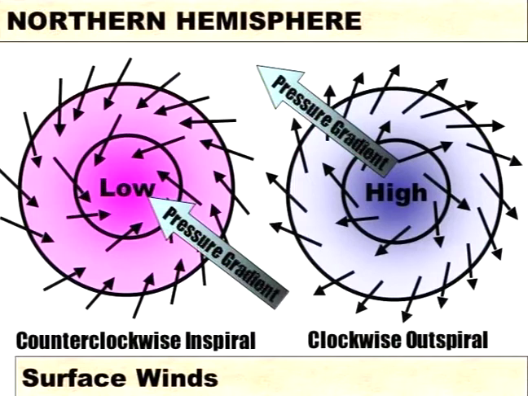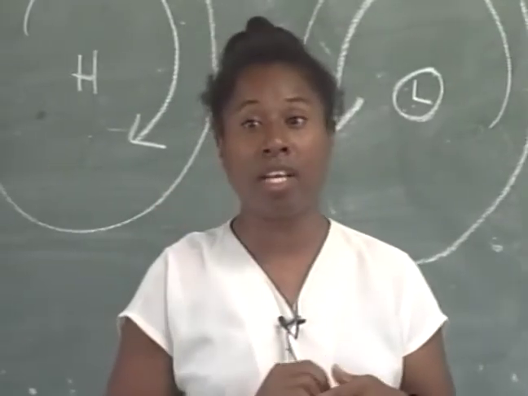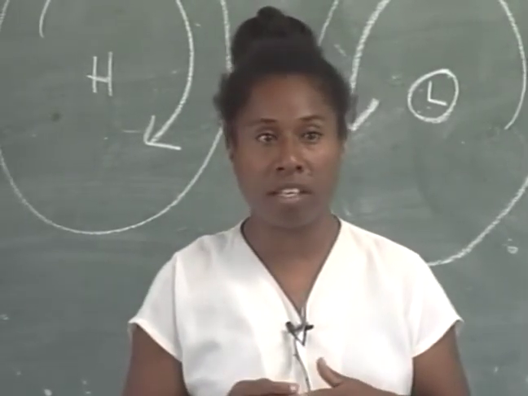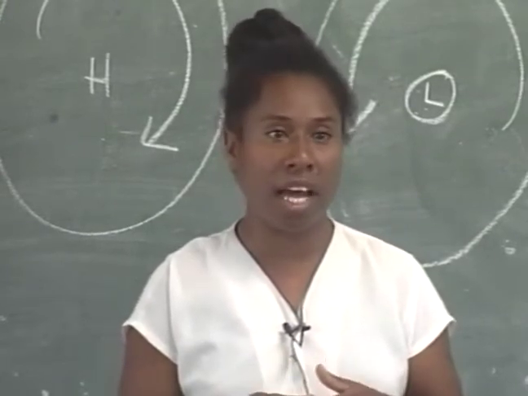The spiraling effect can be seen clearly, especially if you live in the temperate regions or further away from the equator, where the Coriolis force at the equator is actually zero. It's not felt. If you move away from the equator, the Coriolis force is greater.